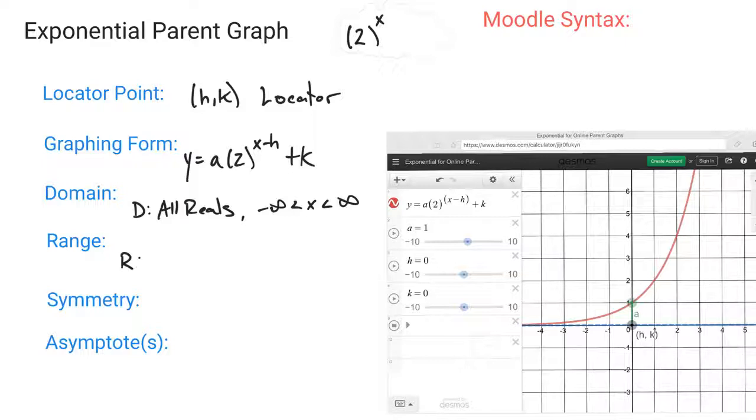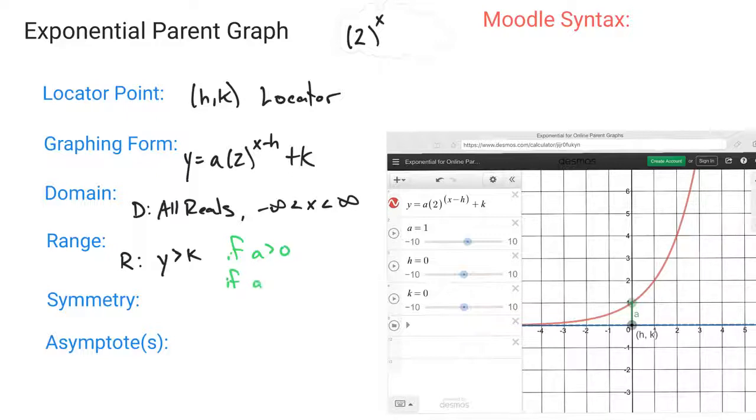For the range, however, that is going to be based upon whether you have an a which is positive or negative. You have this horizontal asymptote. Your graph is always above it. You never touch that horizontal asymptote, so we're going to say y is greater than k, but not equal to. That is if a is greater than 0.